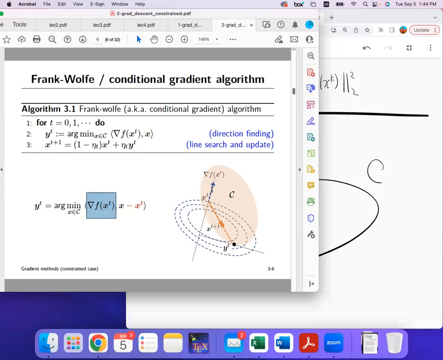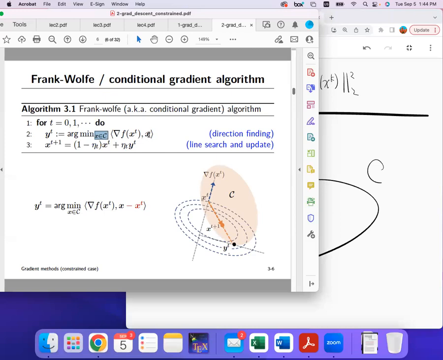You can interpret this as trying to follow the negative gradient, but within the constraint set C. Intuitively, if there were no constraint, the best choice would just be the negative gradient.